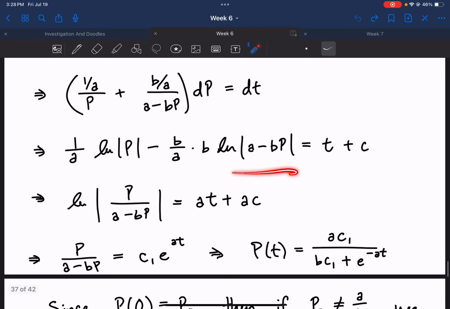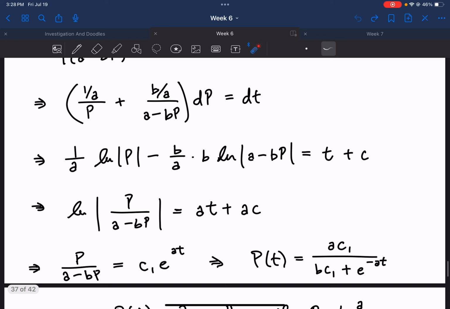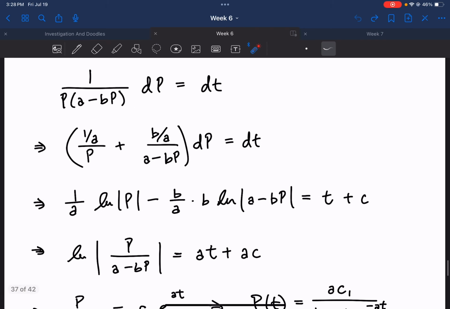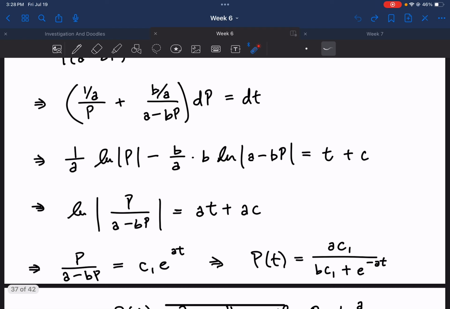Then combining these together, you should multiply through by a. What happens to this b squared?